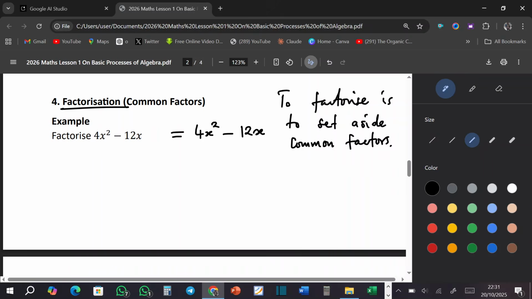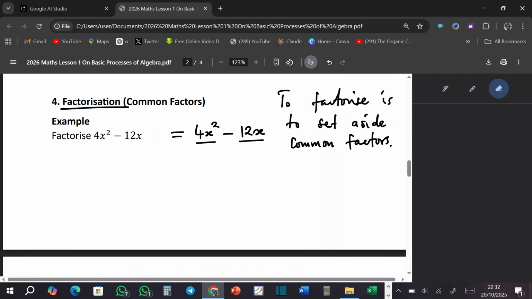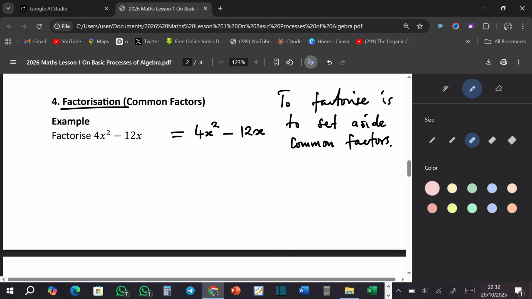So like in the case of these two terms here, we have seen something which is common between these two terms. We have seen the x is common here, right? So the x is common and also it's there. So we have identified x.